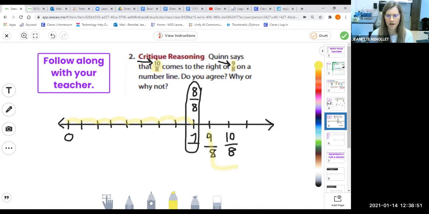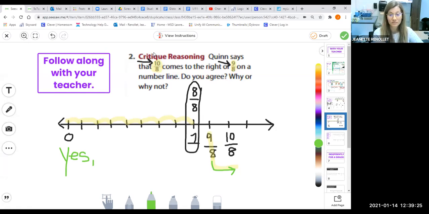And I move to the right, and yes, 10/8 is to the right, a la derecha. So is Quinn correct? I think Quinn is correct. So I'm going to say yes. Quinn is correct. How do I know that? Why do I agree with Quinn?